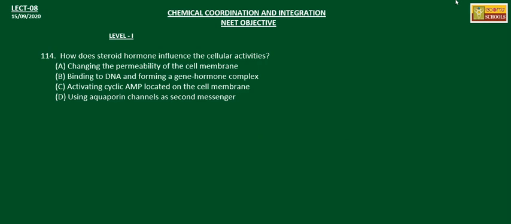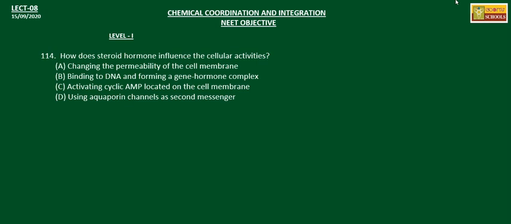Next question: how does steroid hormone influence the cellular activities? Here there is a mistake in the question, it's not printed correctly in your material. I request you to correct the sentence like this: changing the permeability of the cell membrane.